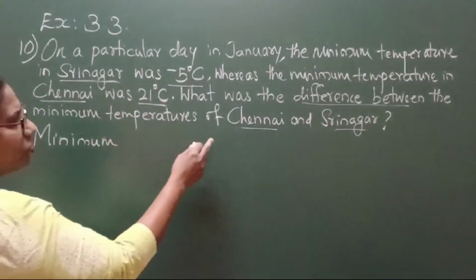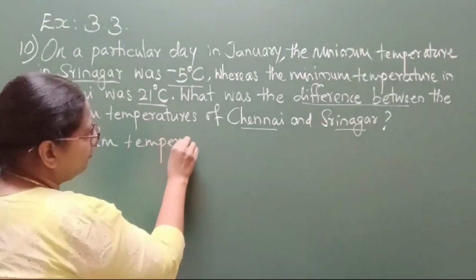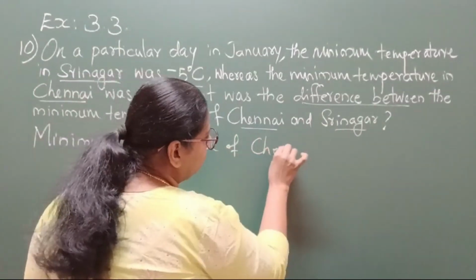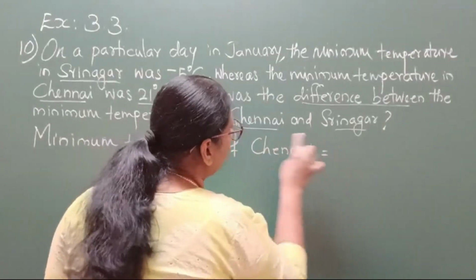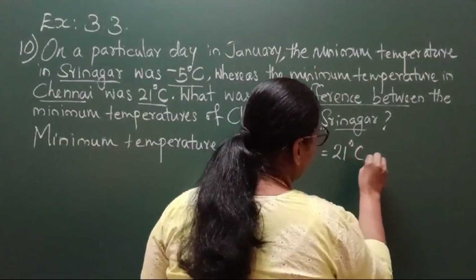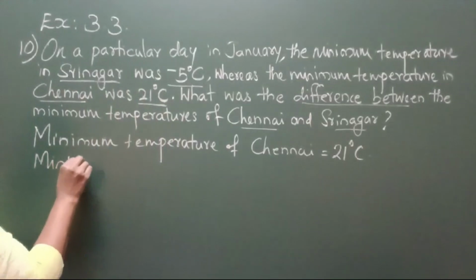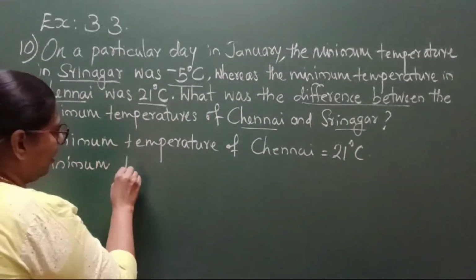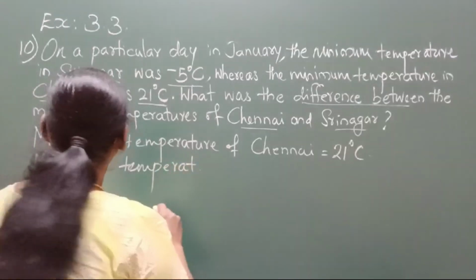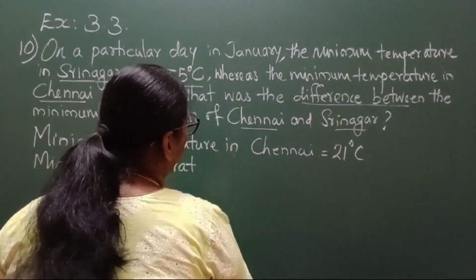So the minimum temperature of Chennai is equal to 21 degrees Celsius.